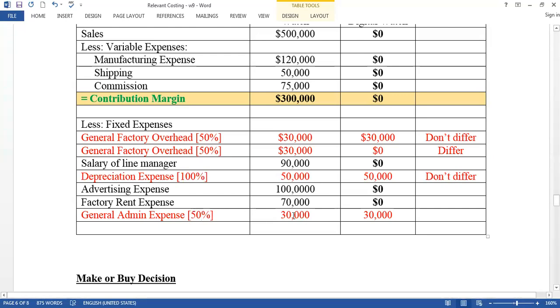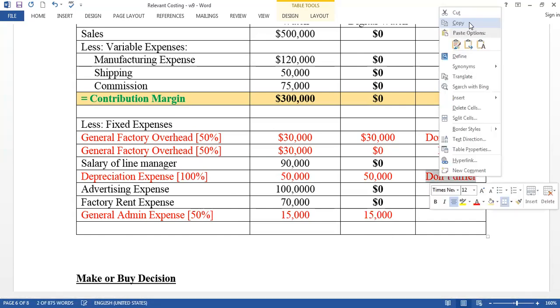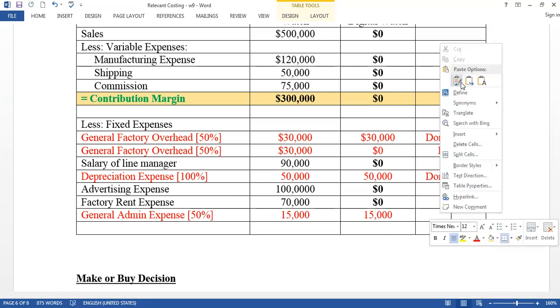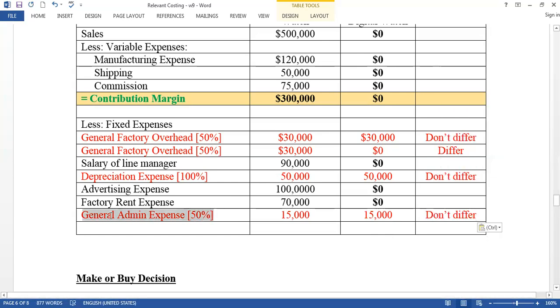So $15,000. $15,000 don't differ. Another $50,000. Another $50,000 differ.